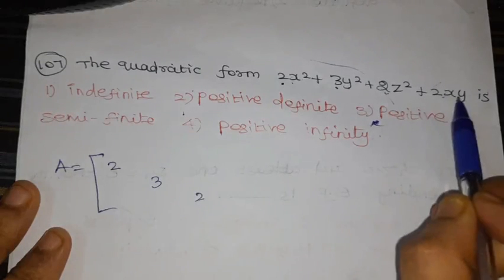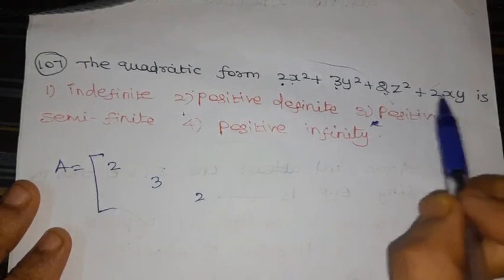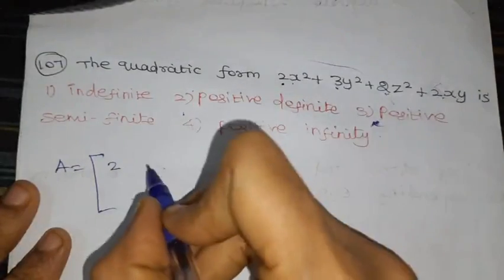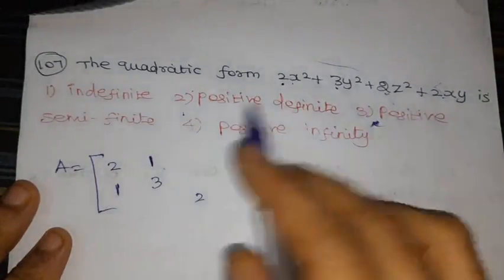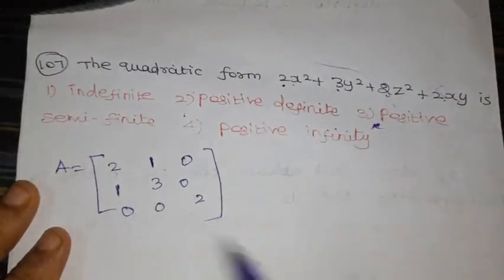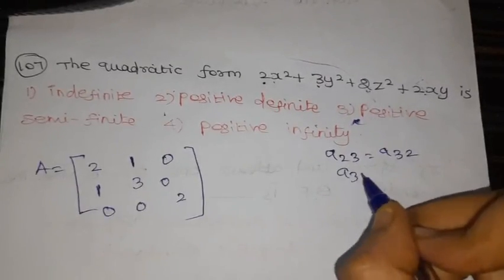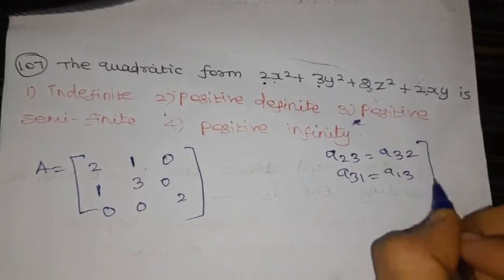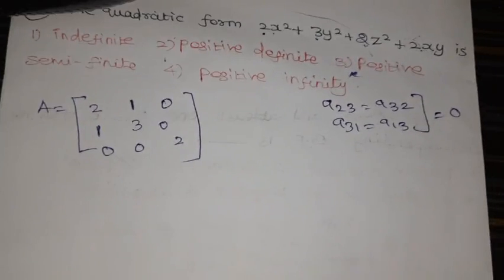Then for 2xy, the entry should be half of the coefficient, which means 1, so a12 and a21 are both 1. The remaining terms do not exist, so we write 0: a23, a32, a31, a13 are equal to 0. Then we'll find the nature of the quadratic form.